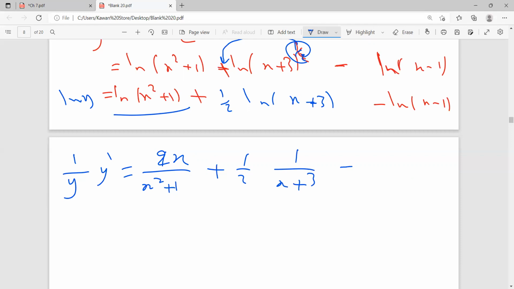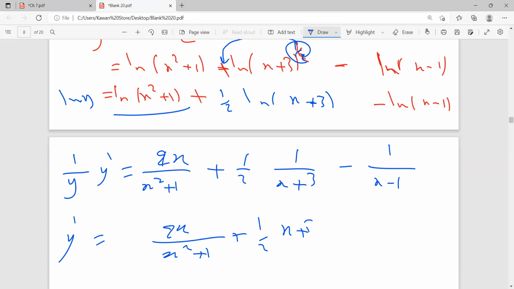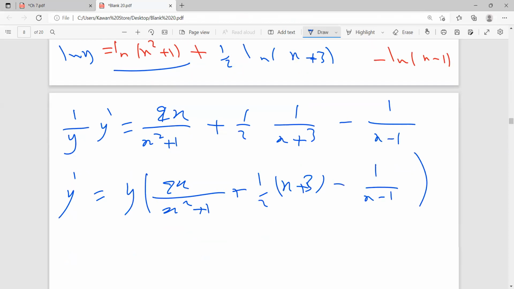How about the third derivative? So the derivative is equal to that one, all of these multiplied by y, not over. So it is equal to 2x over x squared plus 1, plus 1 over 2x plus 3, minus 1 over x minus 1, multiplied by y. Understood? And y, you know, is equal to what?